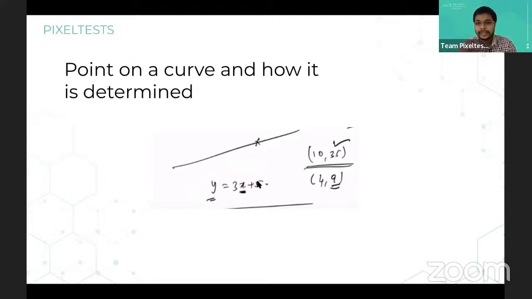How do you know that any point is on that line? You substitute it, let's say 10 comma 35. Yes, Roshik, we match LHS and RHS. We fill in x and y, and then we know whether that point is on that line or not.